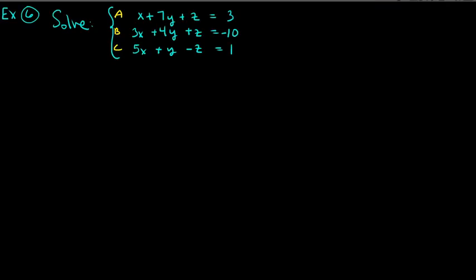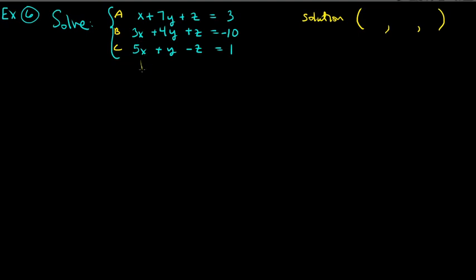Okay, last one. This is my equation A, B, and C. Again, we're looking for the solution. It will be an ordered triple. I'm not going to put in the x, y, and z here. I'm just going to put the commas, to be filled in later. So this one's maybe not that much harder.